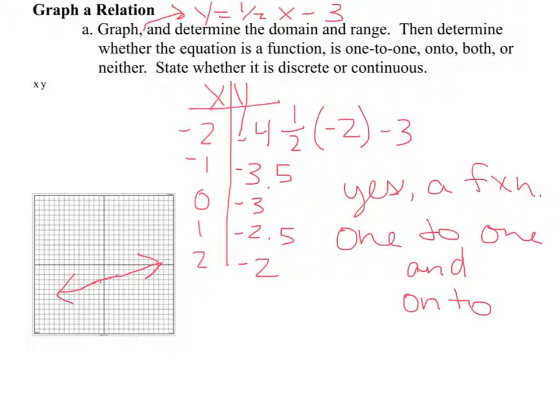And then we have to tell if it's discrete or continuous. Since this is a line, yes, we did come up with points, but anytime you have y equals or f of x equals, it's going to create a line. So these aren't just dots, these are creating a line. So this one is actually going to be continuous.